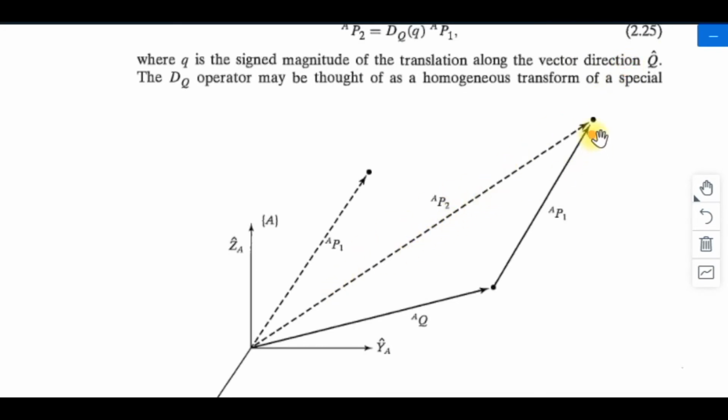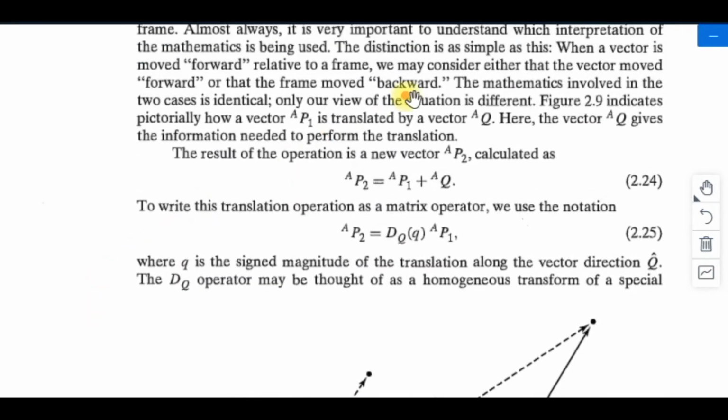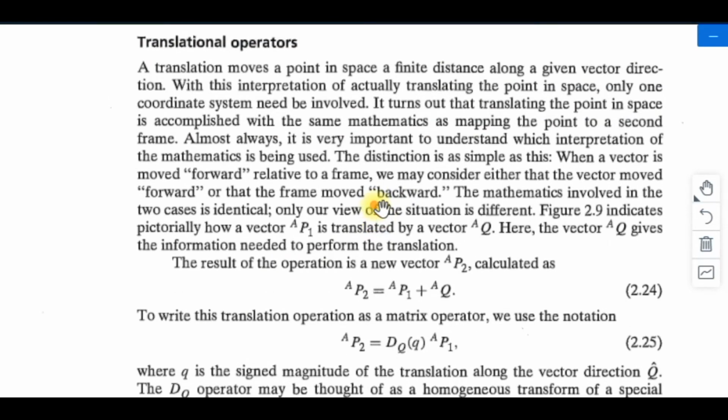Or you may consider that this is a fixed frame, the point is here and it moves here. So it depends on how you represent it. The translation operation moves a point in space a finite distance along a given vector direction.